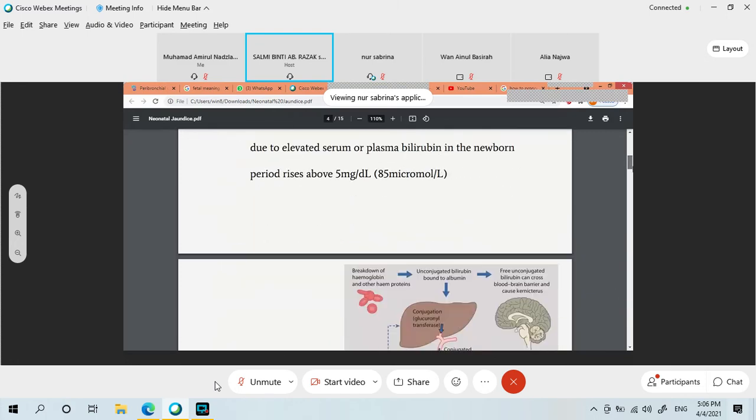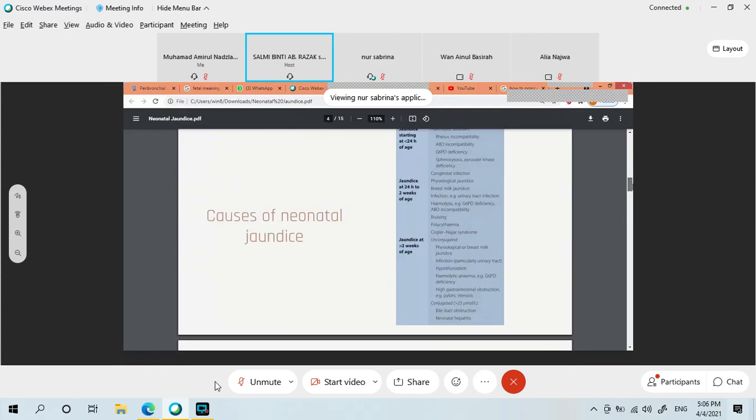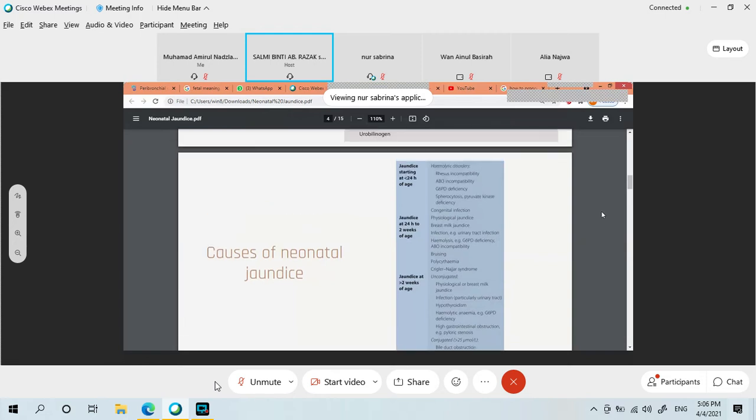Second will be your physiological jaundice and third one will be your prolonged jaundice. So dari segi physiological jaundice mungkin around 2 days of life to 2 weeks of life, isn't it? So anything beyond 2 weeks of life, dia panggil prolonged jaundice. Okay, we go to the next. So bila kita tanya you, what are the cause of early onset jaundice?